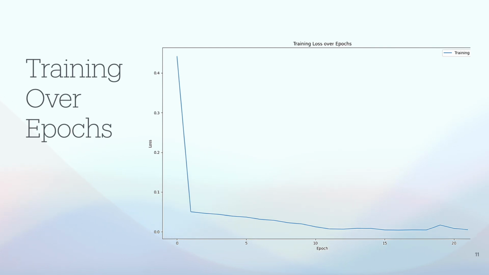So I've given the patience or the tolerance value of 5. So the fifth time it happens, the training stops and it plots the training over epochs, and it also shows the model evaluation after training.